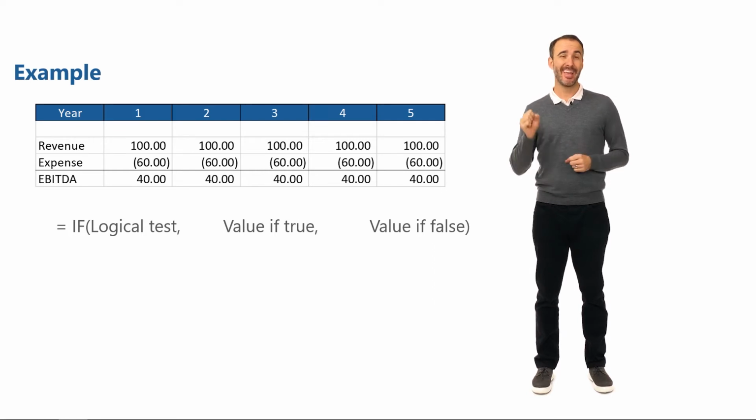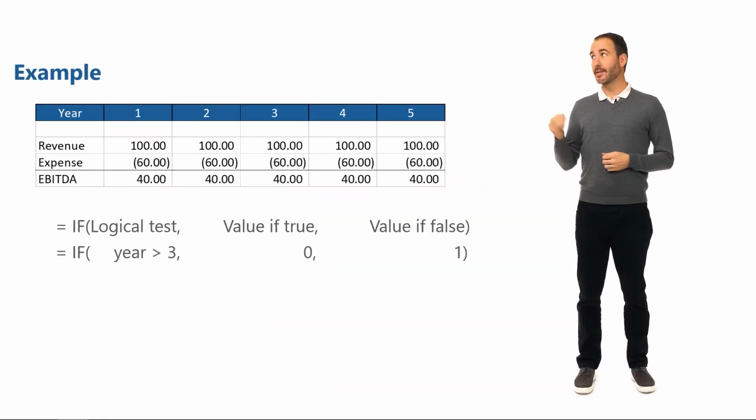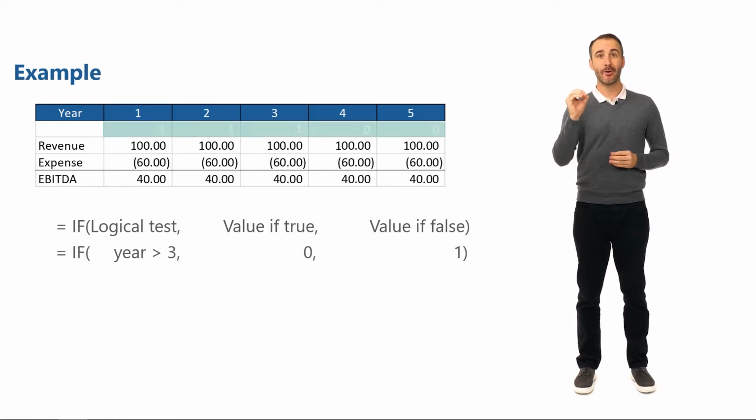I can say, if the year is greater than 3, give me a 0 result, otherwise a 1. I'm creating a result that's binary. It doesn't matter what the year is, its result can only be a 1 or a 0. Returning a 1 result in years 1 to 3 and a 0 result in years 4 and 5.